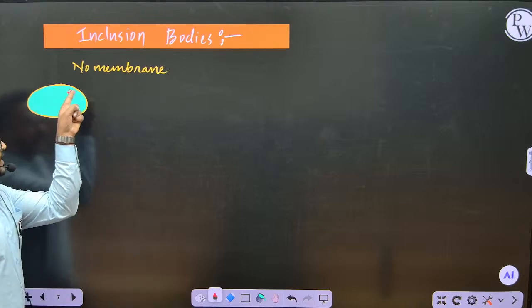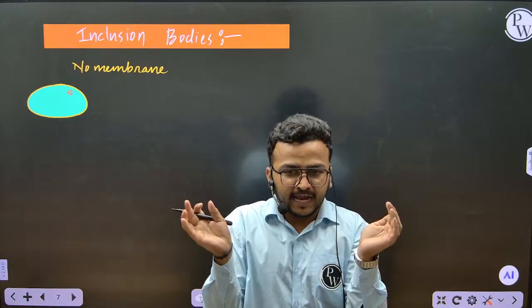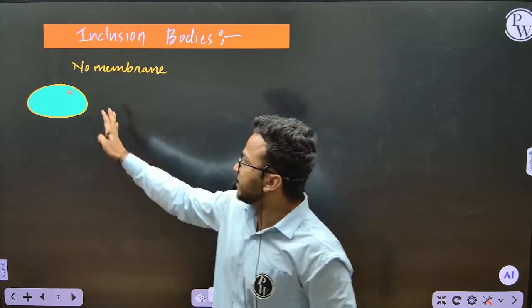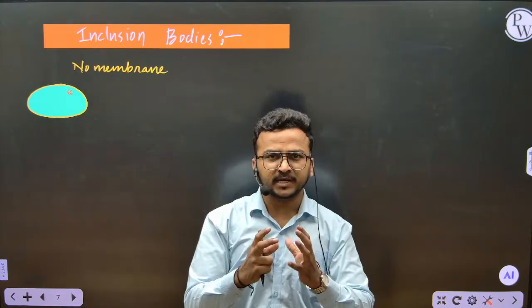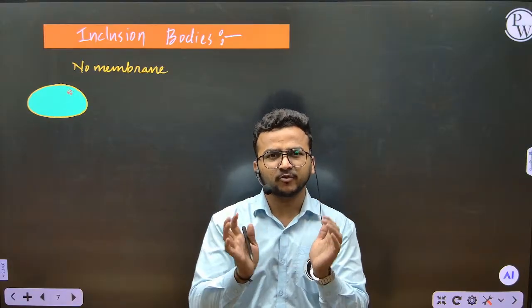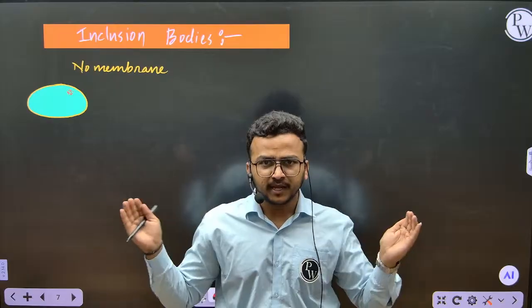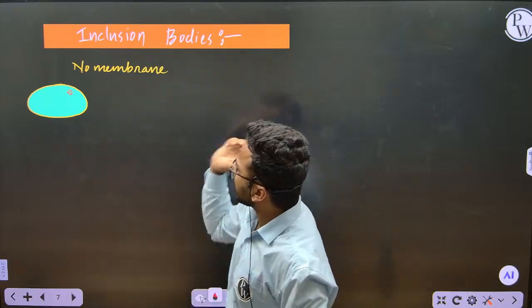They don't have any membrane or layer covering them. They gather at one place in the cell-free system, and these are nothing but food reserve materials, or not only food reserve, just a reserve material of something, some molecules gathered at one place and making a group there. So that is what we call inclusion bodies.